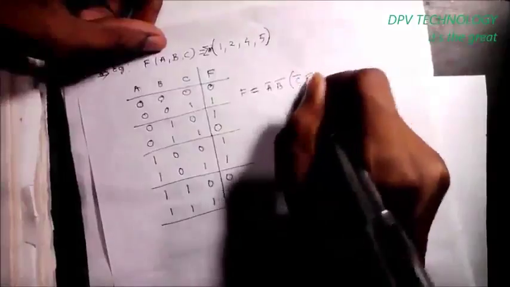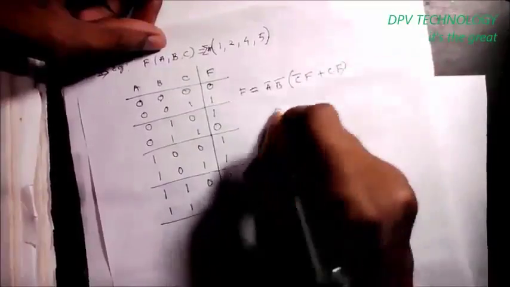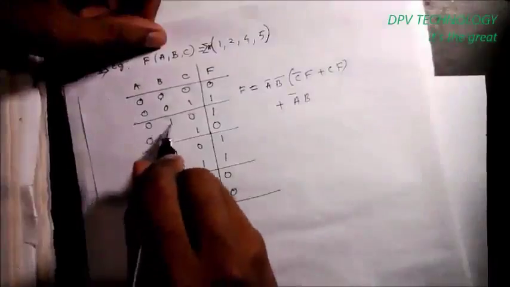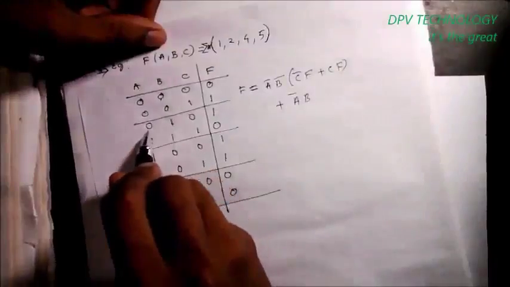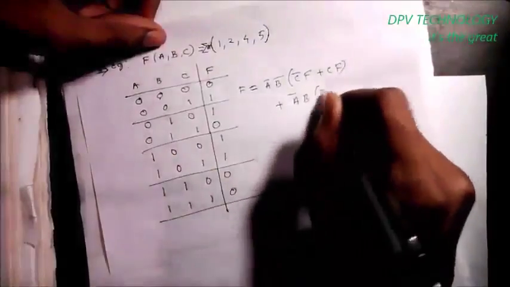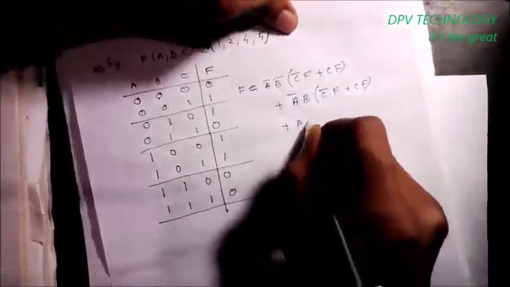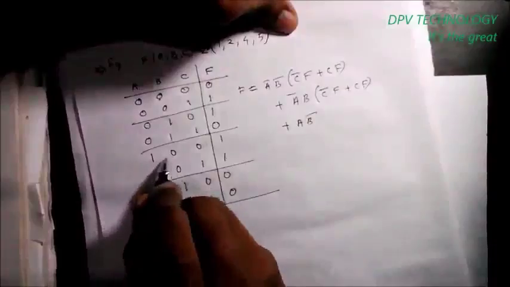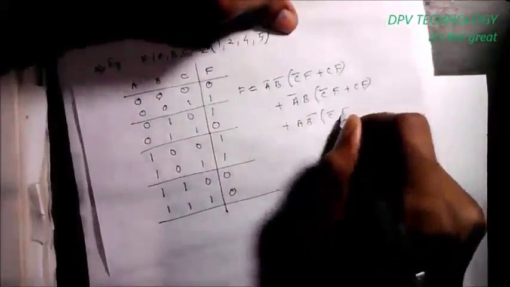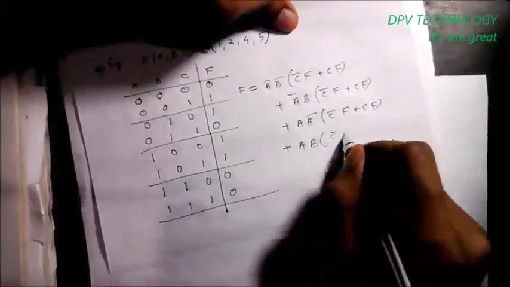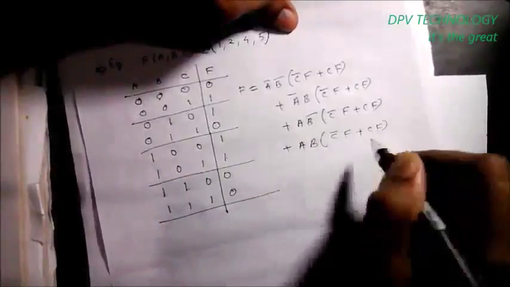Then you write C bar F, CF, for A bar B. Again you write C bar F, CF, for A B bar. Then write C bar F plus CF for A B. Then write C bar F or CF.